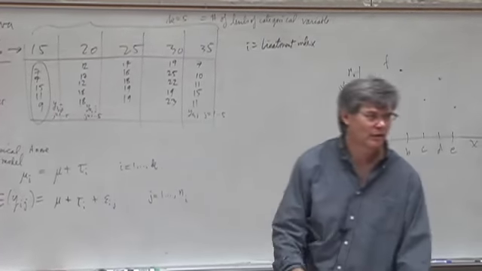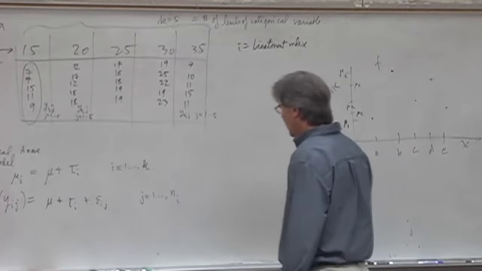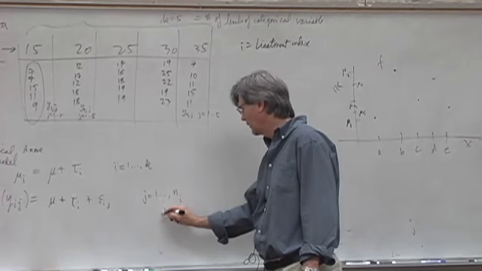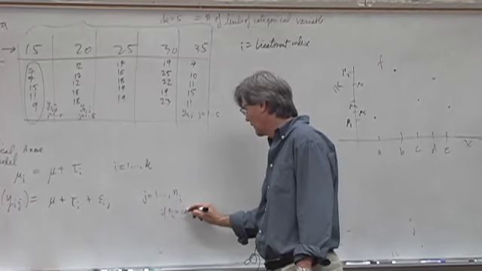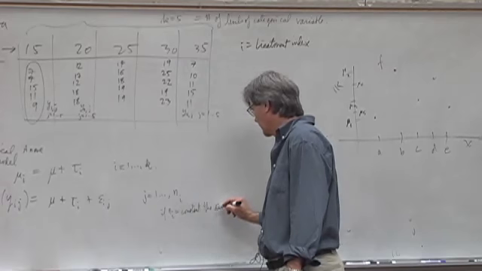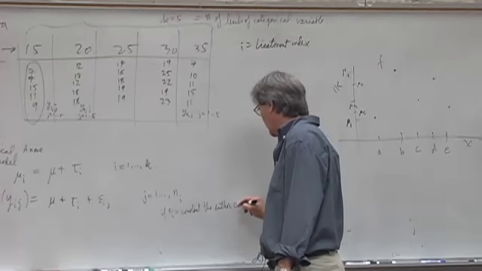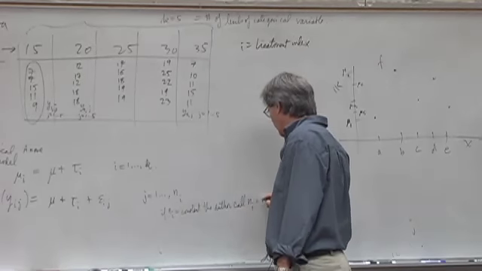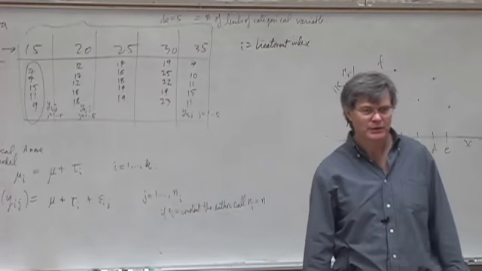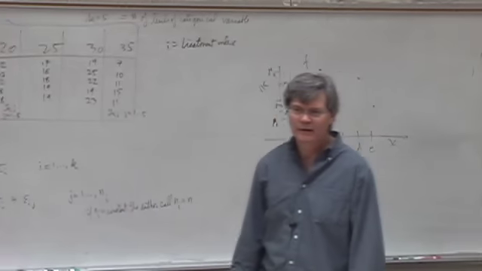And if N sub i is constant, he calls it N. So that's the number of observations that you're going to make under each treatment level.